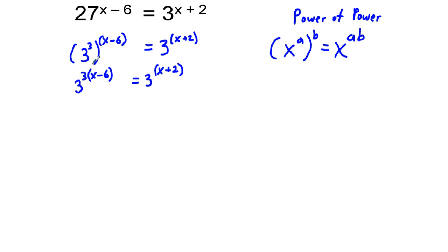Now we can use the distributive property and multiply 3 by each of the terms inside the parentheses. So on the left side, we have 3 to the power of 3 times x, which is 3x, and then 3 times negative 6, which is negative 18 or minus 18. And on the right side, we have 3 to the power of x plus 2.